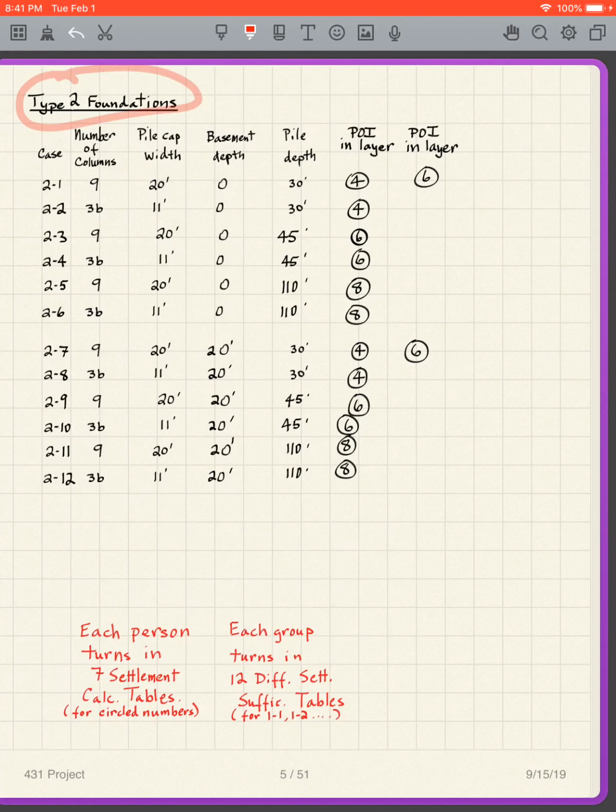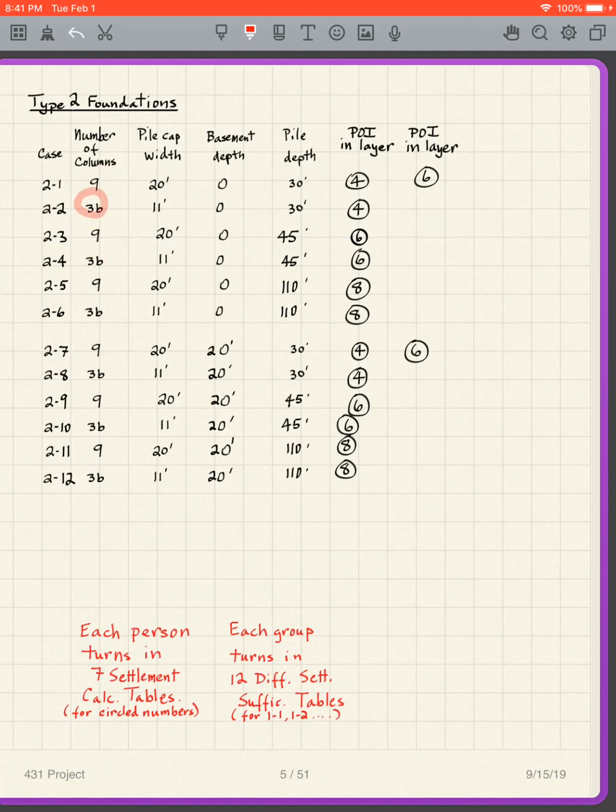Then something similar for the type 2 foundations, but I've got 12 different cases for type 2 foundations, and they depend on the number of columns, 9, 36, and so on. And we're going to have the pile cap width.